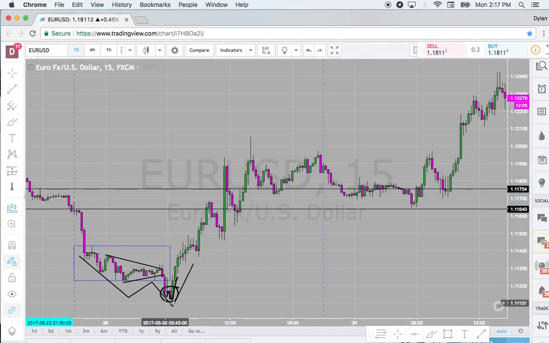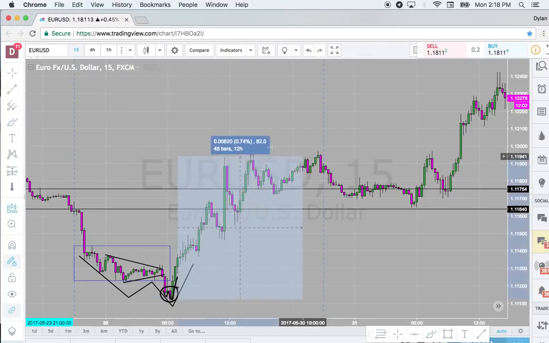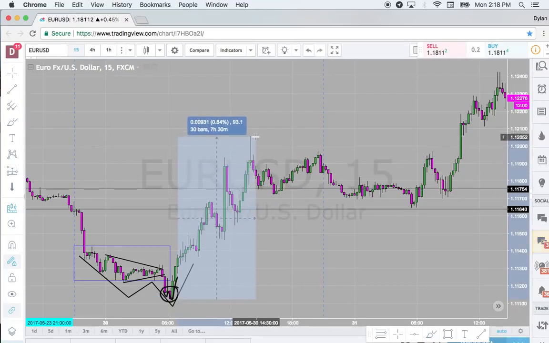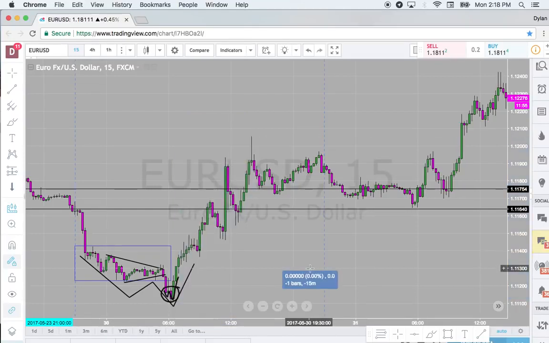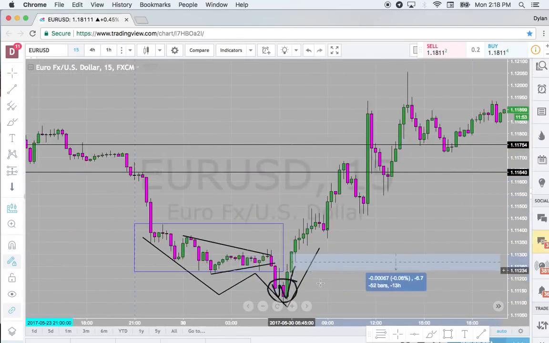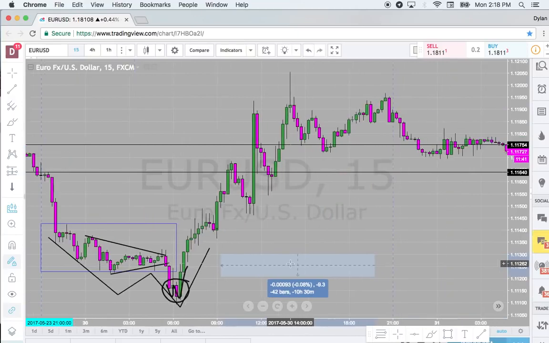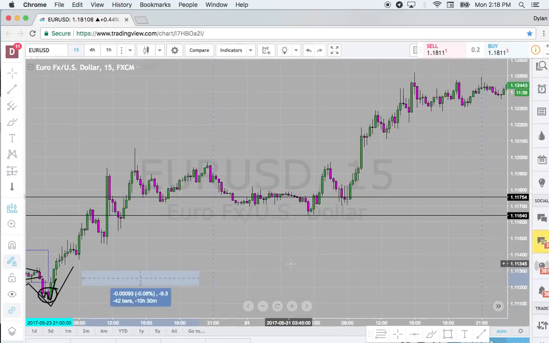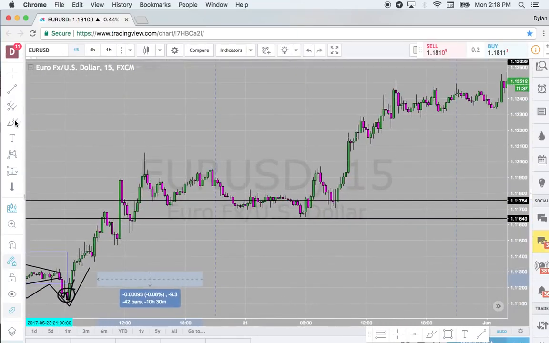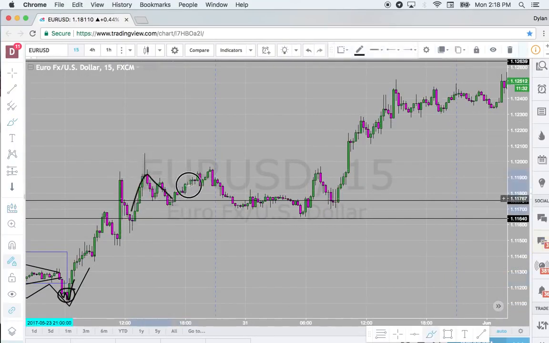Okay, this was a 70, maximum 90 pip trade. If you caught that second leg W formation, breakout of Asian session with the wedge and the second leg stop hunt to the low. We can see the high was then created and worked off of.